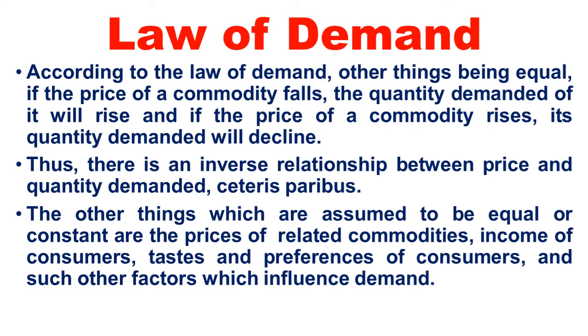Here, you can mention what are the demand determinants. Related commodities means substitute goods prices or else complementary goods prices, income of the consumers. All these are demand determinants. Now, the condition is that all these are going to remain equal, no change.